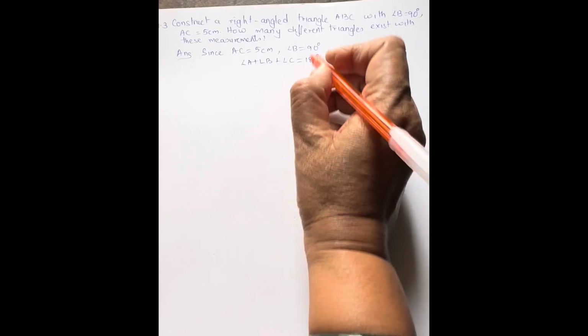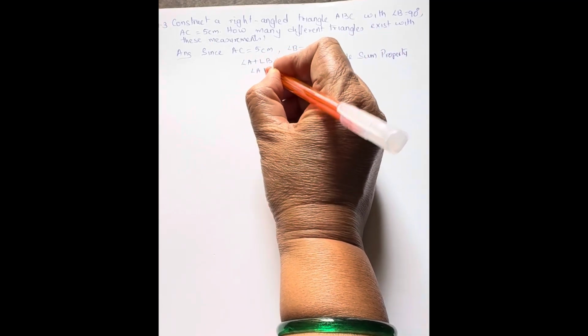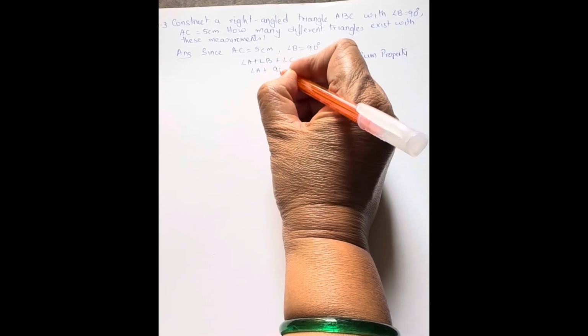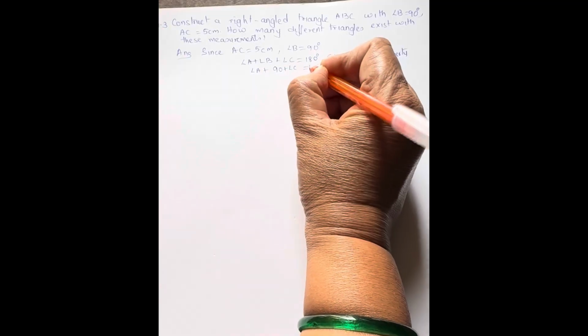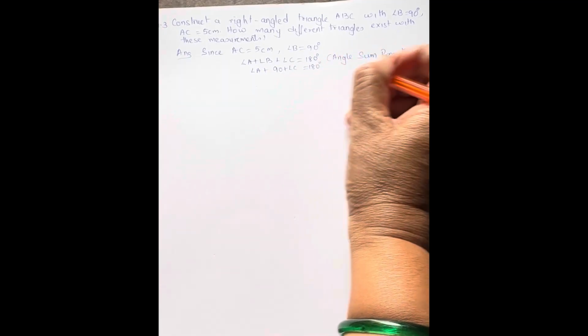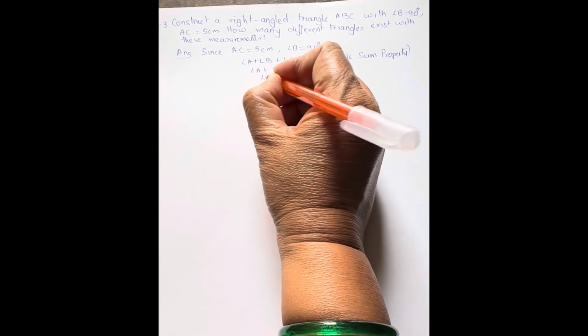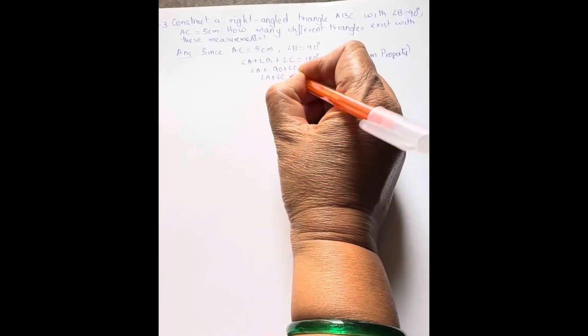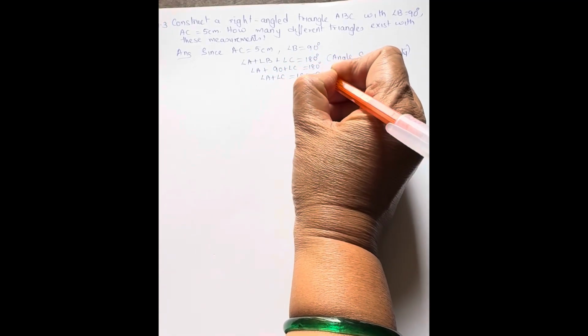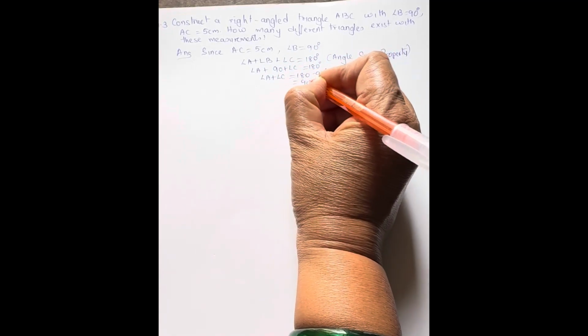So if we put the value of B as 90 degree, we get angle A plus C is equal to 180 minus 90, that is 90 degree, right? So the sum of the remaining two angles has to be 90 degree.